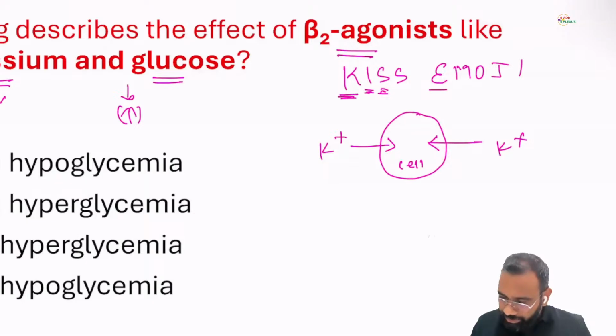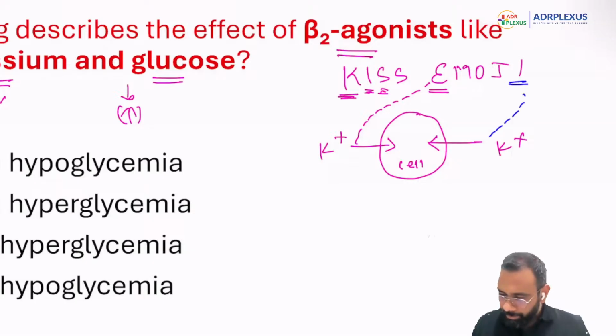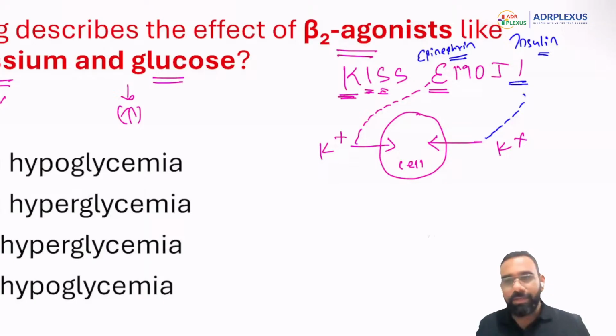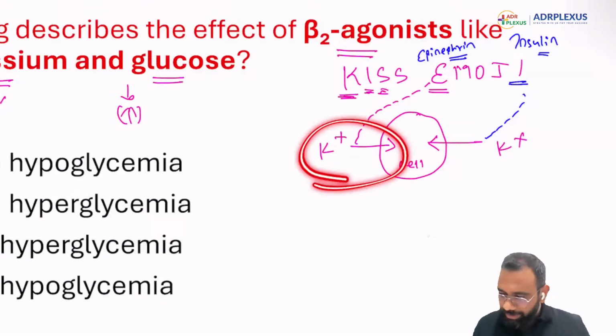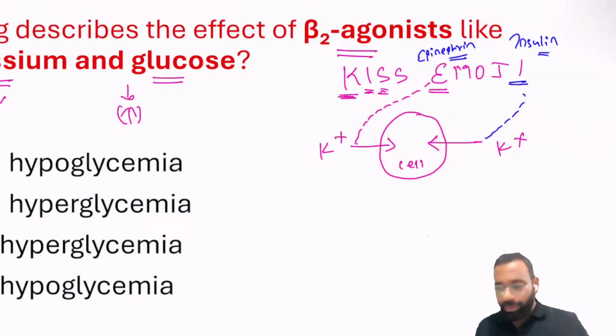What are the two things? One is E, that is epinephrine, and then I, that is insulin. Both epinephrine and insulin send potassium inside. That means they both cause hypokalemia.